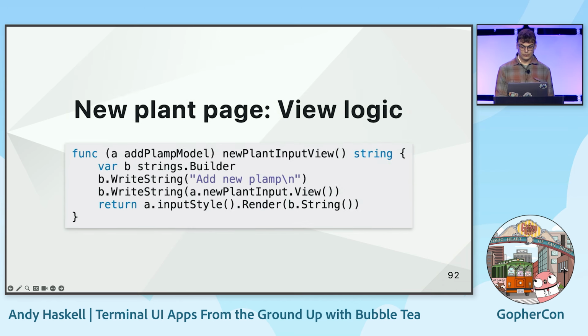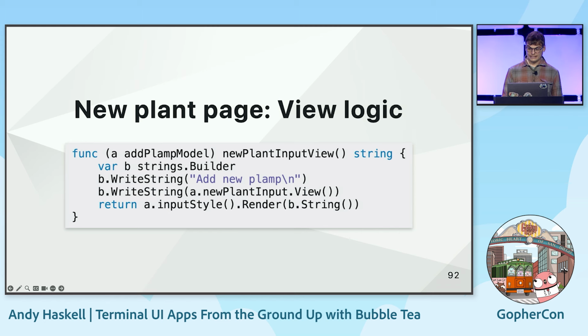And for the new plant input, we're basically using the same logic that we had when it was on the other page. However, for the input style, I decided to add one cell of vertical padding in addition to the horizontal padding because now we've got less stuff on the page, so we want to take up more space of the terminal.